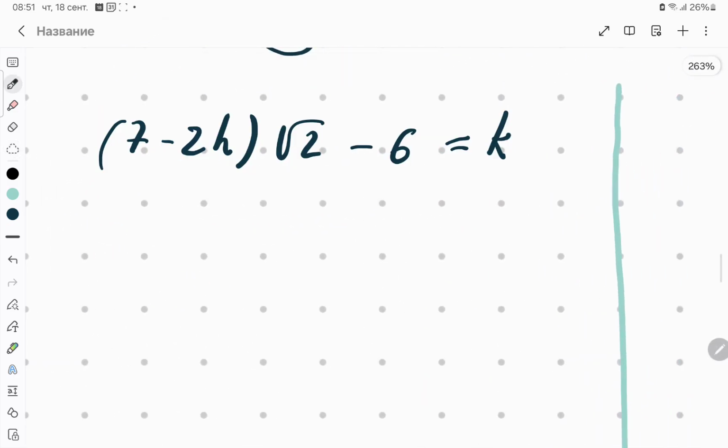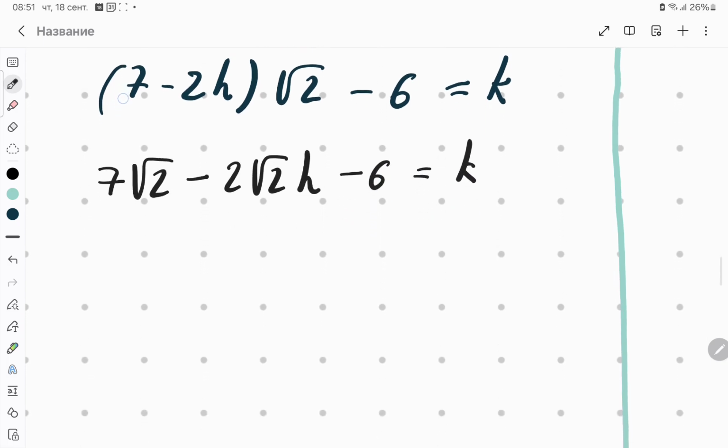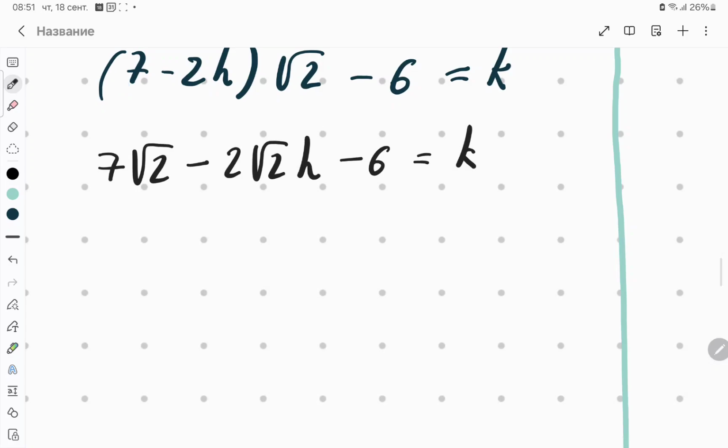First way. So what we're going to do: let's open the brackets. It's actually a natural thing. So 2 square root 2h minus 6 equals k. What to do next? Maybe we will move one of the roots to the right side.